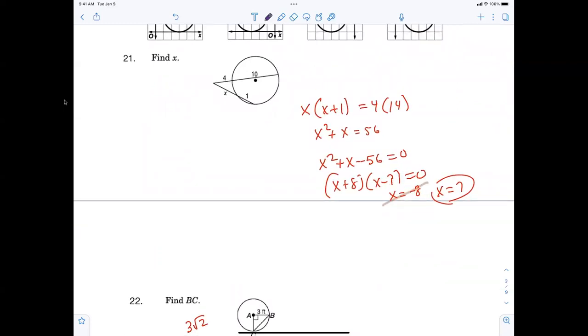The outside times the whole length is equal to the outside times the whole length. X can't be negative. Distance can't be negative. Anybody have any questions with 21? Anybody?